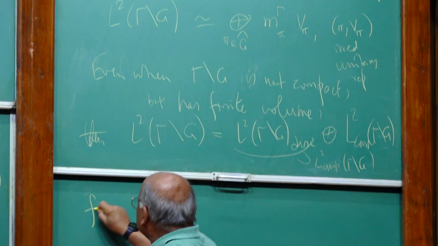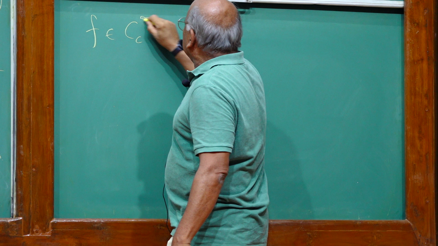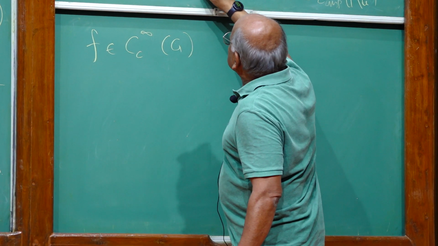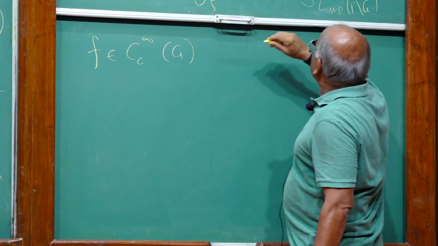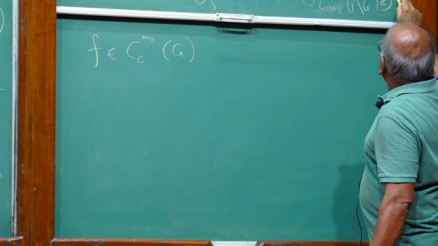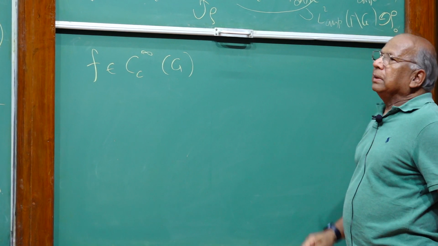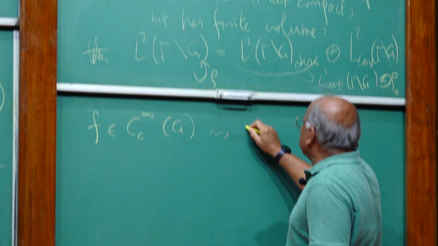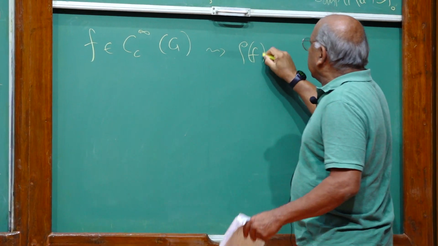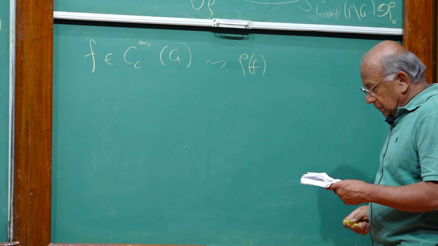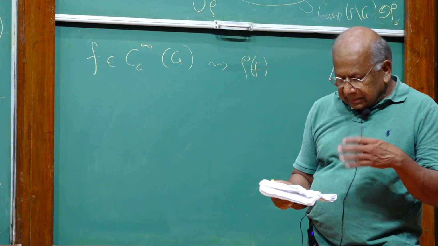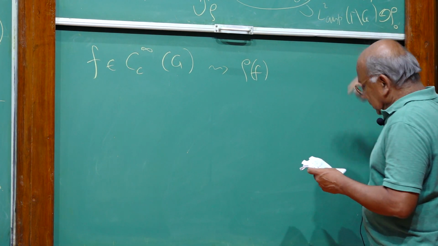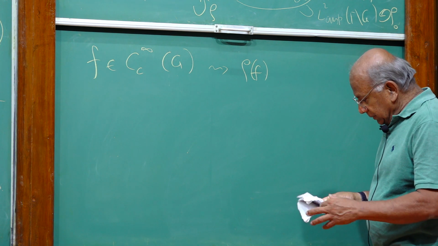Now if I take a function f in C_c infinity of G, then G acts here by right translation. I will denote by rho 0 this action on cusp forms. It also operates on the space L2 of G mod gamma, and it acts nicely on the cuspidal spectrum.